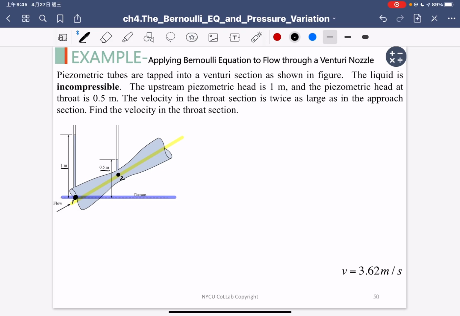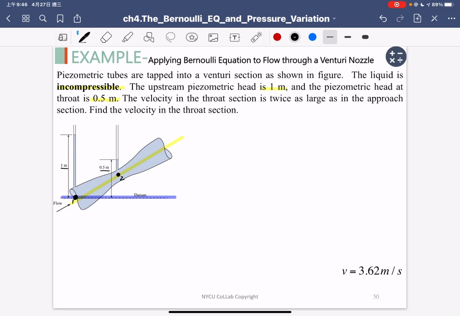And if you take a look, the problem tells you the fluid inside is an incompressible fluid. Okay, and we only know two parameters. The deflection height at one is 1 meter, the other is 0.5 meter, and we know that the velocity in the throat section is twice as large as in the approach section.